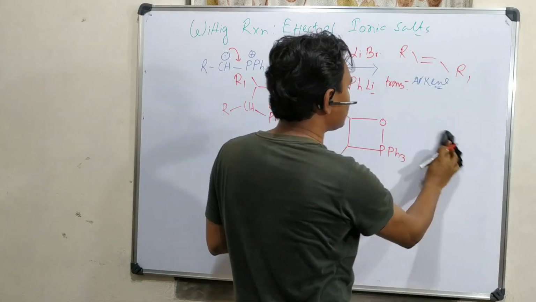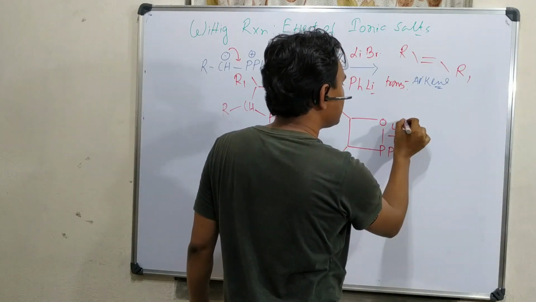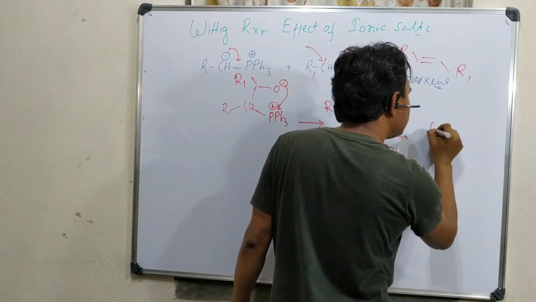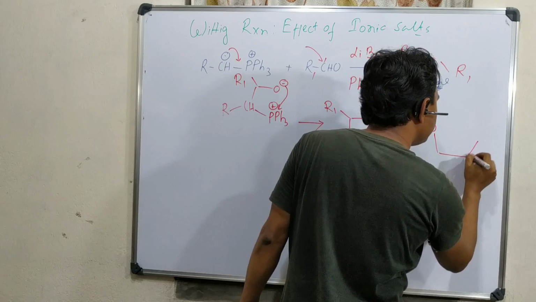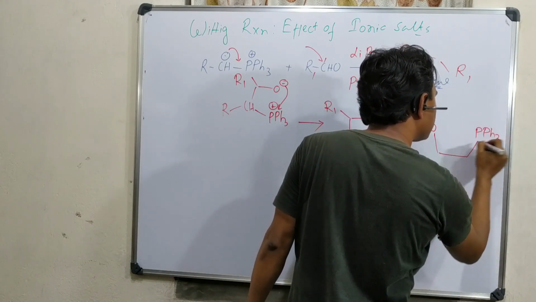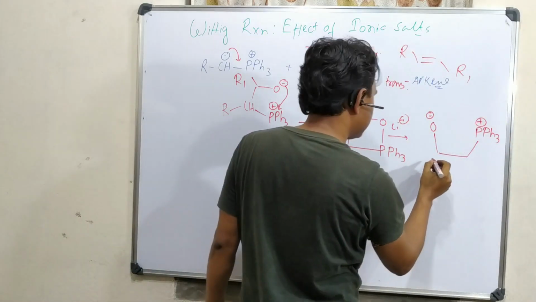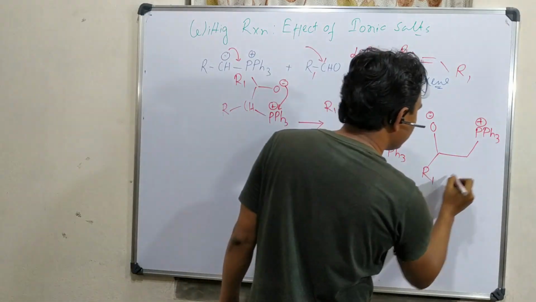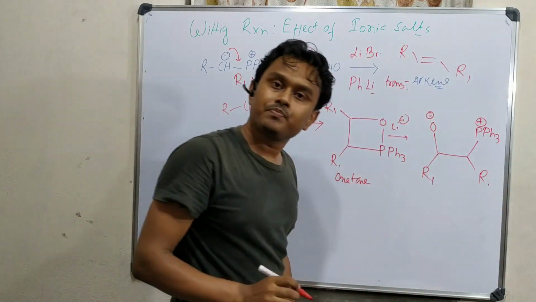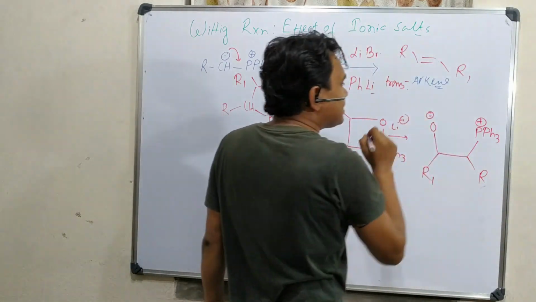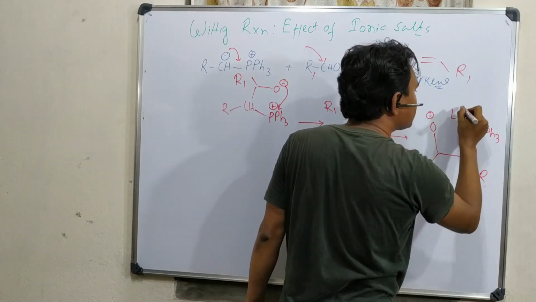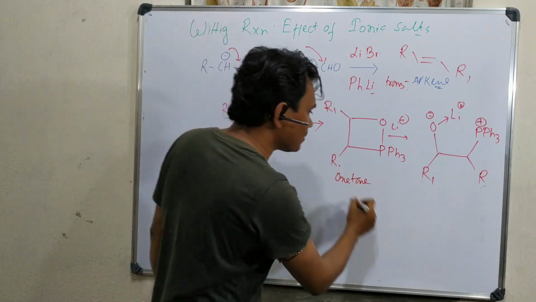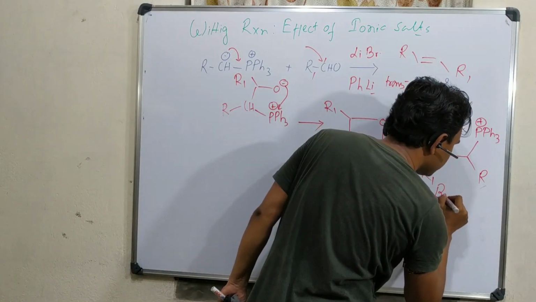In the presence of lithium plus, the ring opening happens and it produces this O minus and PPh3 plus, and here this is R, this is R1 and this is R. Lithium coordinates with this oxygen, and that is the reason this forms the betaine intermediate.